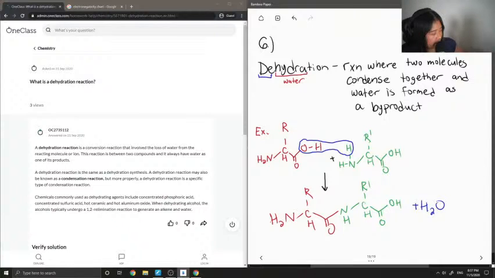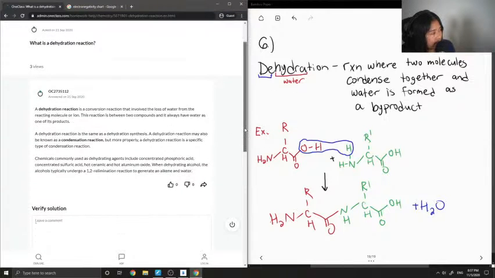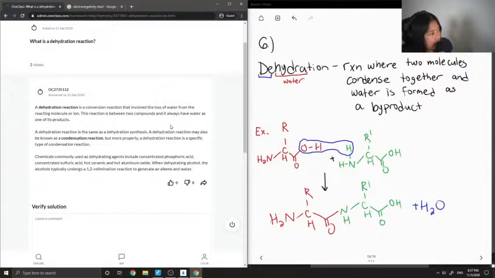Okay, so let's see what our junior tutor said. A dehydration reaction is a conversion reaction that involved the loss of water from the reacting molecule or ion. This reaction is between two compounds and it always has water as one of its products. A dehydration reaction is the same as a dehydration synthesis.